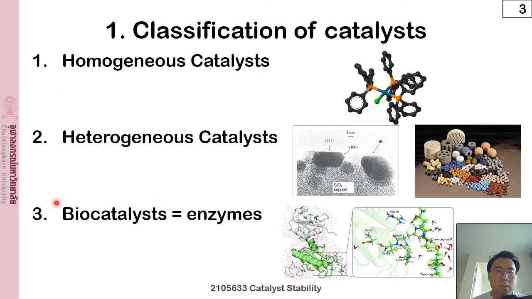The last one is the biocatalysts or the enzymes. So mainly in chemical engineering, we would not talk about this much, except in the biochemical laboratory, the research center. So they are proteins. As you know from your high school content, the proteins comprise small units, which we call the amino acids.